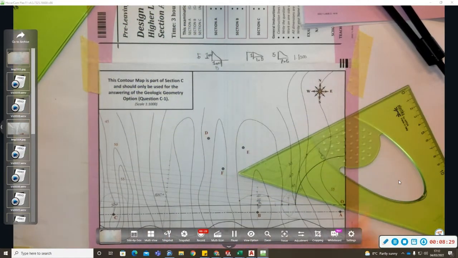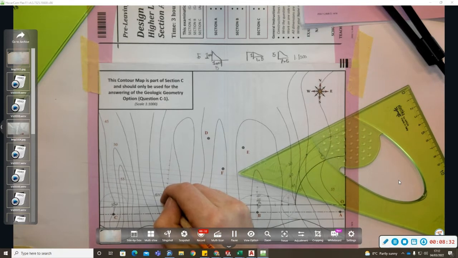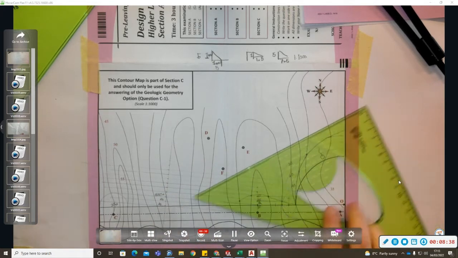So there at 50, 50, 45, 40, I might need one more.